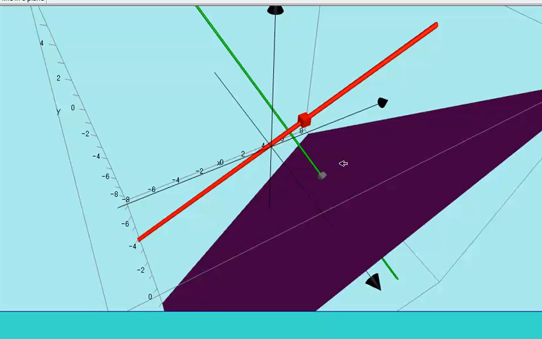What we're going to do is not show that the direction of the plane is parallel to the line. What we're going to do is show that the perpendicular line to the plane, or the normal, is perpendicular to the line. Since if it's perpendicular to the line, then the plane is going to be parallel to this line.